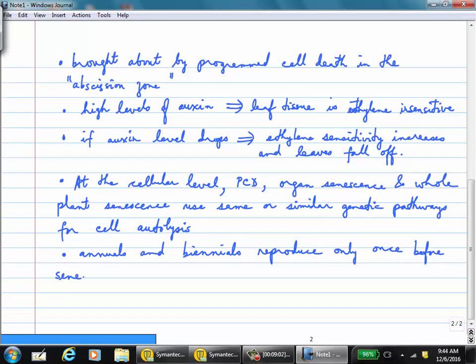That means the whole plant dies. While perennials can reproduce multiple times before senescing.